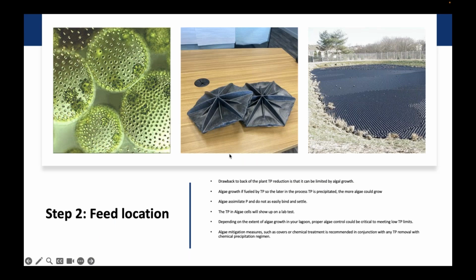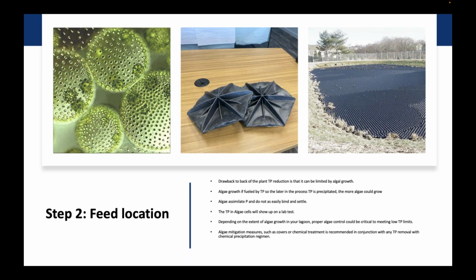What about algae? Well, algae is a concern, and what happens with algae, as we talked about previously, is the algae will actually assimilate the phosphorus into its cell wall. And when it does that, it makes it much harder to precipitate because the chemical and the phosphorus don't react very well together.